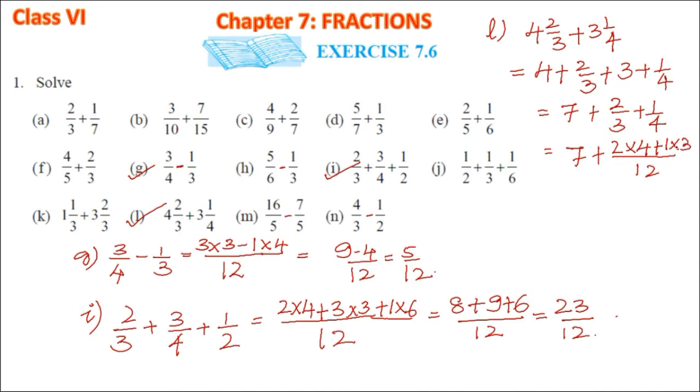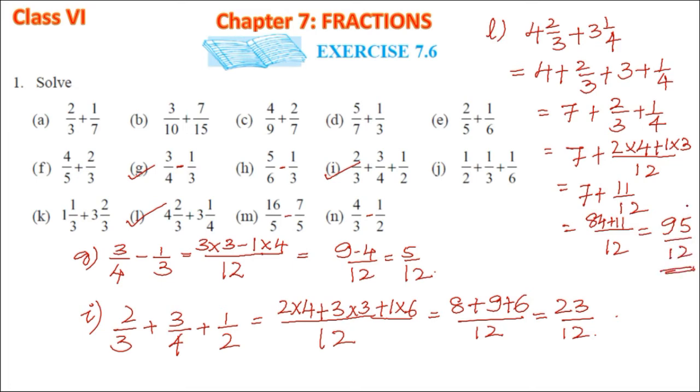This will be 8 plus 3, 11. So we get 7 plus 11 by 12. Now you take the LCM. LCM is 12. So 7 multiplied by 12 is 84 plus 11. We get 95 by 12.